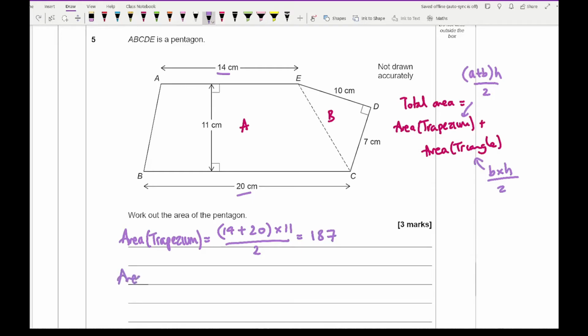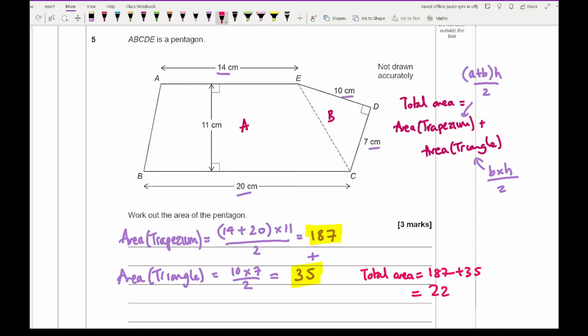Then if I work out the area of the triangle, although there is an angle, I do know the height and the base, well, that's going to be 10 times 7 divided by 2, which is 35. Now if I just add these two numbers up, then I get my total area, and that's going to be 187 plus 35, giving me a total of 222, and that's centimetres squared.